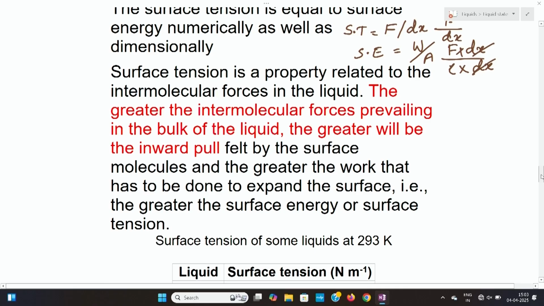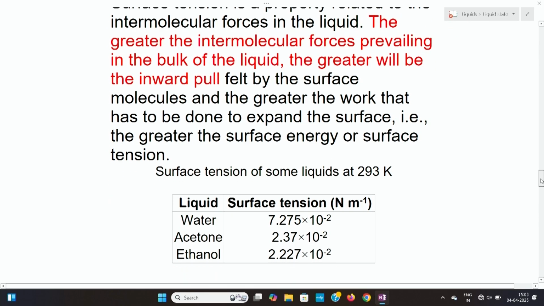The surface tension of the liquid at the surface depends upon how strong the interior force is, or how strong the inward pull of the molecules from the interior is. Therefore, the greater the surface energy will be if the molecule is having larger inward pull from the interior.